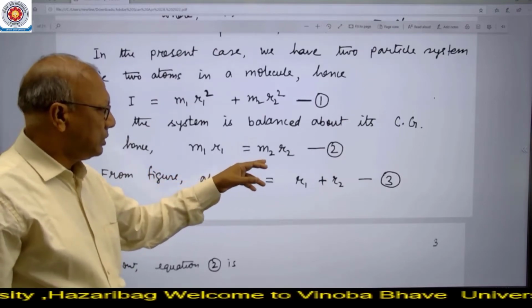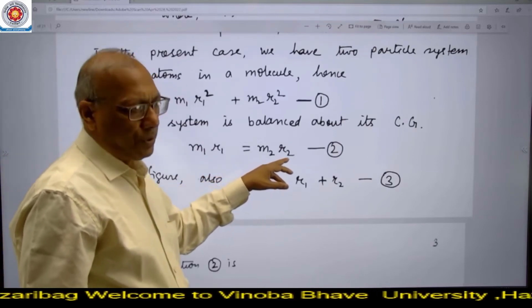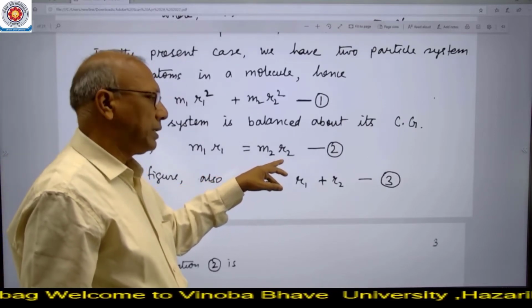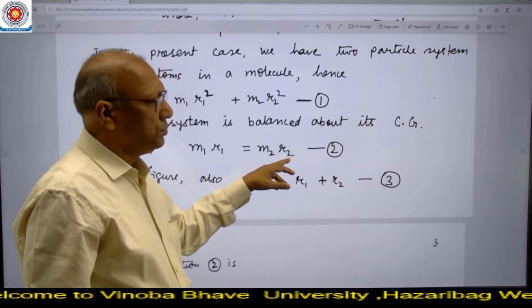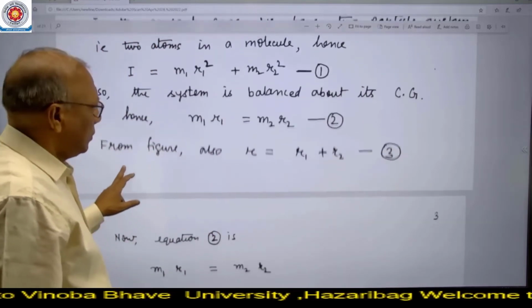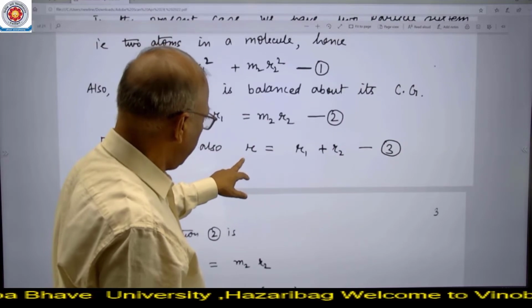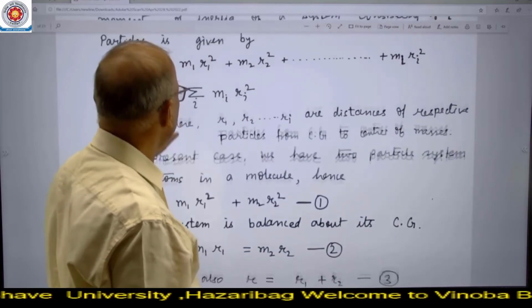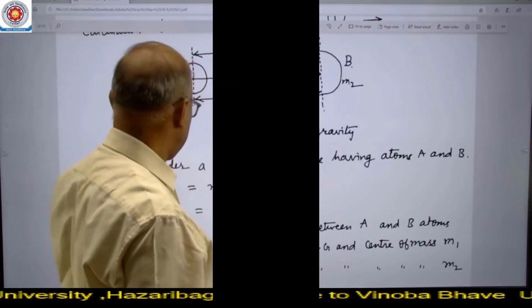Similarly, m2 is the mass of the second atom, and r2 is the distance between the center of gravity and the center of mass of atom 2. Now from the figure it is very clear that r is equal to r1 plus r2.